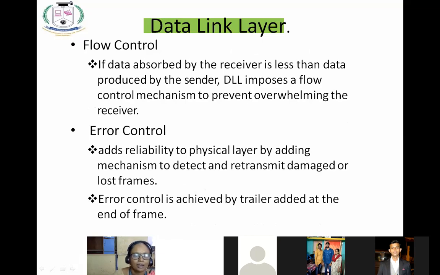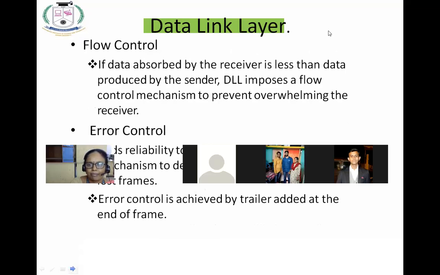You all understand flow control. For example, my speed is 10 mbps, but I'm getting this data at 100 mbps.